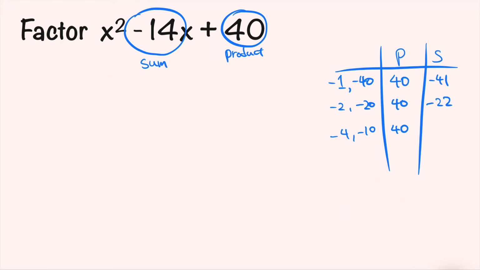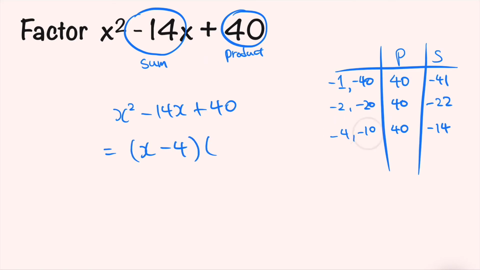And this time their sum is negative 14. So the two numbers that we're looking for are negative 4 and negative 10. That means that x squared minus 14x plus 40 is equal to x minus 4 and x minus 10. And that's how you solve it.